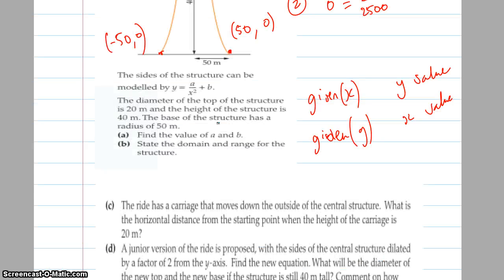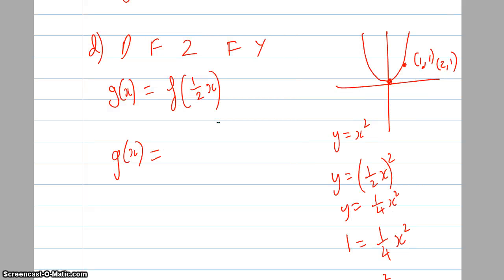So a on x squared plus b, but you know what a and b are, but it ends up being a on (1 on 2 x) squared plus b. So every time we see an x, we replace it with a half x. Then we can find out what a and b are, and you can make the fraction go up the top and make it all nice and pretty. You can just pop that in the calculator and it'll give you a nicer figure.